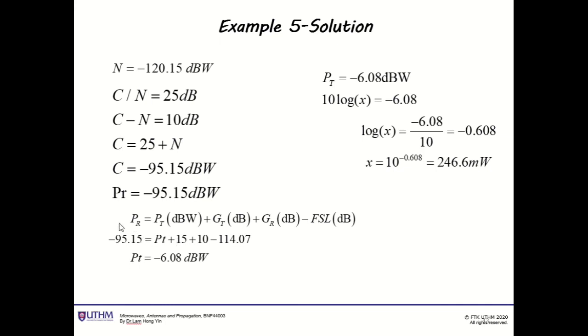From here, we can use the first equation for PT. We need to rearrange it, where PR is on the left and PT on the right side. So PR is equal to PT plus GT plus GR minus FSL, and you get the PT value. To change this dB into linear, you just use the anti-log of the value.